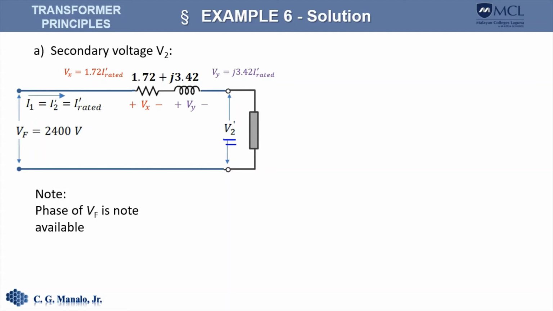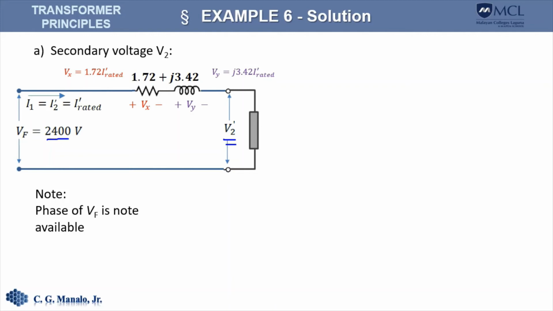So it appears that this is a simple problem, but take note that we don't know the phase angle of V sub f because we have already assumed V sub 2 as our reference. So therefore, we cannot say that V sub f has a phase angle of 0.